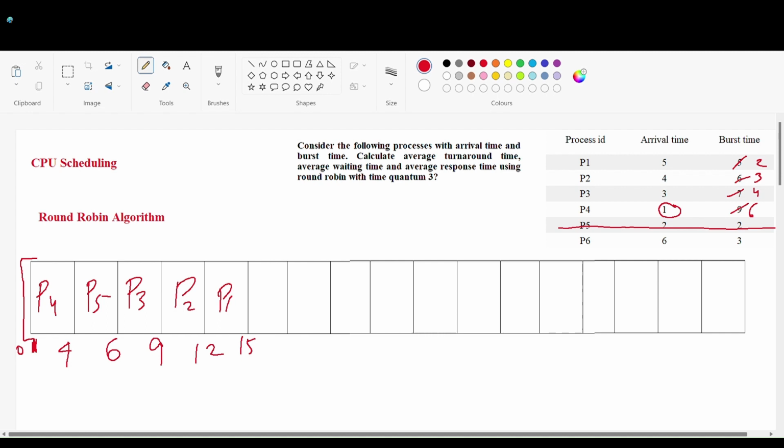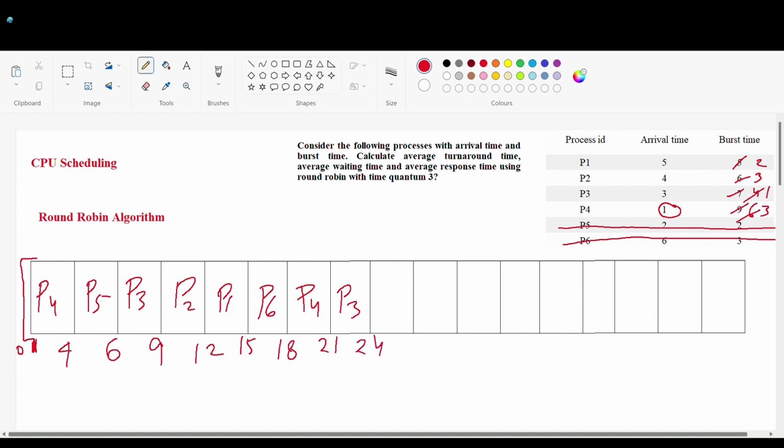Then P6 will start to execute and P6 will execute up to 18 and it will exit from the system, right? Now there are 4 processes in the system. So P4 will start to execute again and it will execute up to 21. 3 is remaining. Now P3 will execute up to 24.